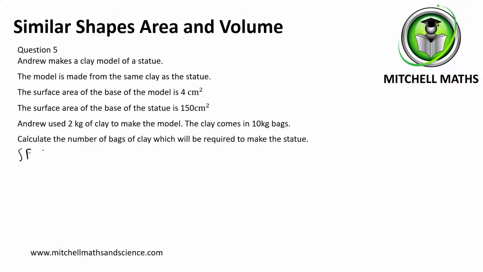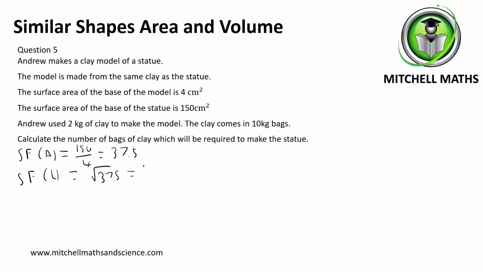Scale factor of area is equal to, well, it's 150 divided by 4, which gives me 37.5. And remember, when you're using scale factors of areas and volumes, you need to work out the scale factor of the length to switch between them. So the scale factor of the length would be the square root of 37.5, which is going to give us a decimal.